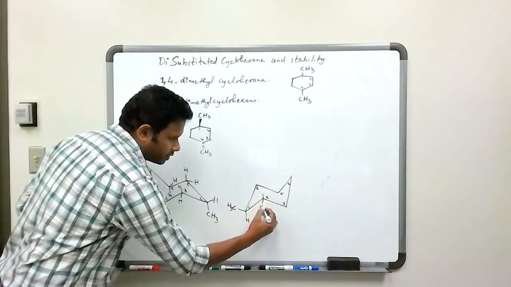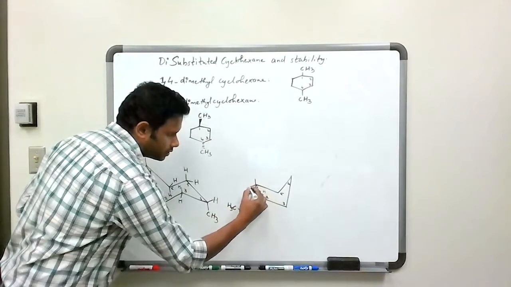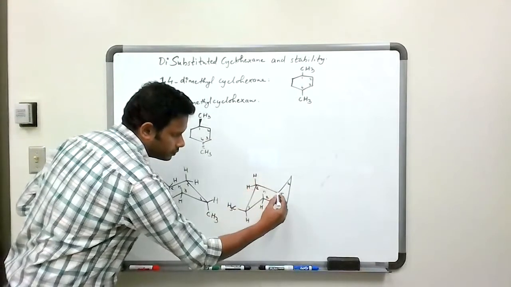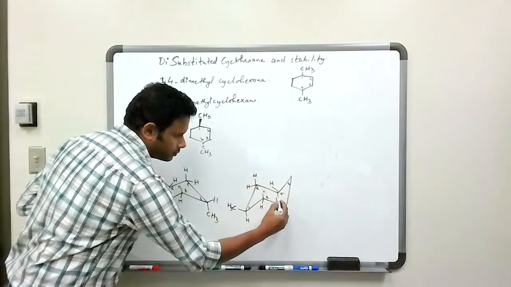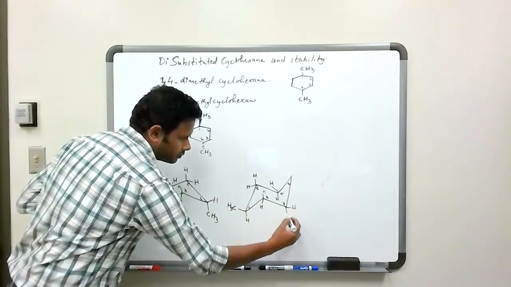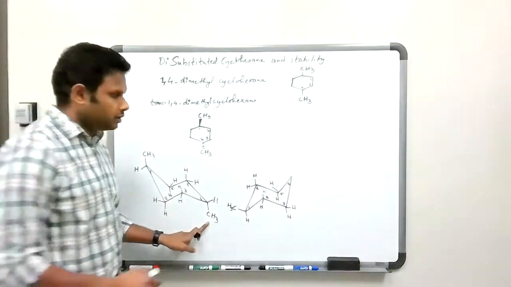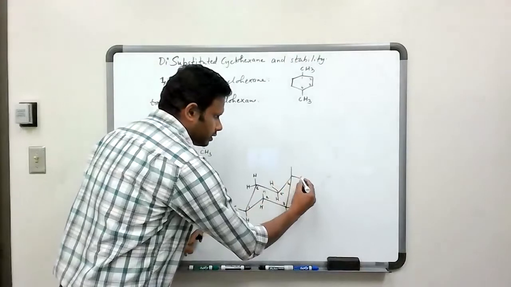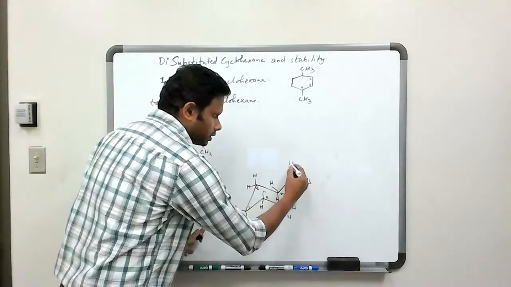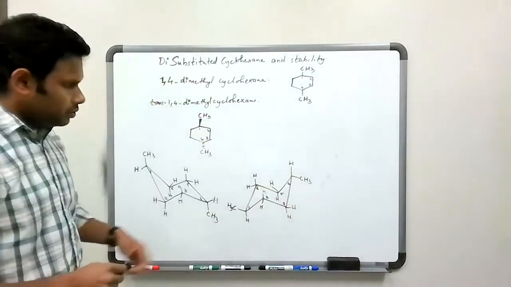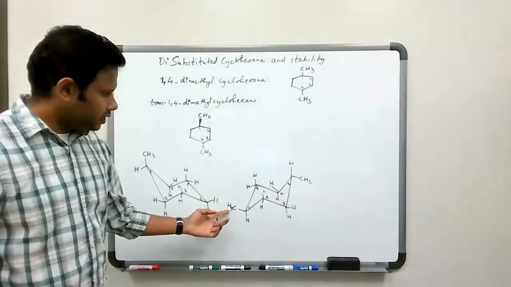And then we can basically include all the hydrogens here. And on 4, methyl was axial, so that means it should be equatorial again. And those would be trans to each other.